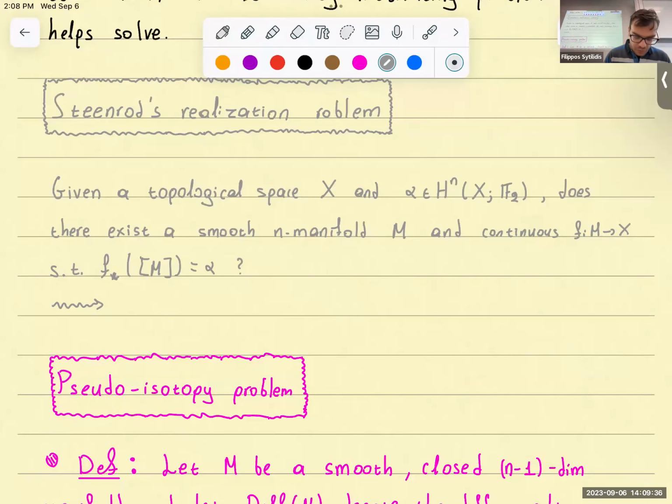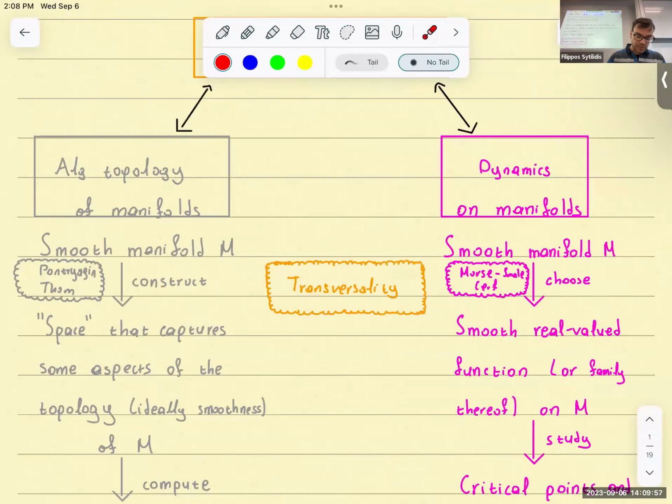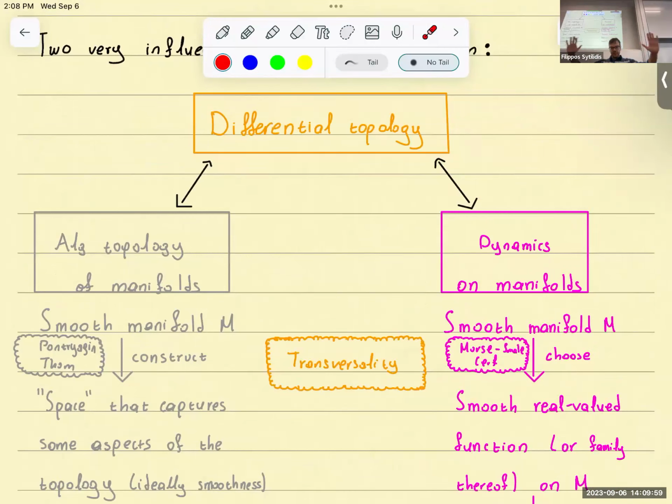That's a really cool problem, and it's actually one of the motivating problems that led Thom to develop his theory of cobordism, which is really one of the landmarks, and one of the very first key applications, of this interplay between differential topology and algebraic topology of manifolds.